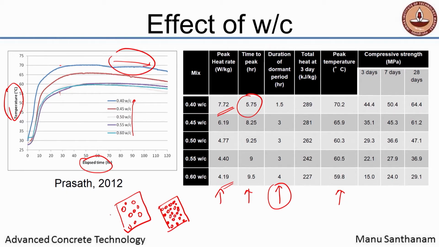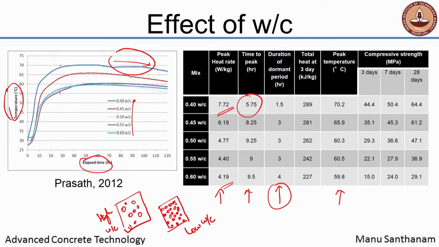I have more cement particles in the low water cement ratio system, obviously because my water is low. So, overall volume of the cement will be higher, right.